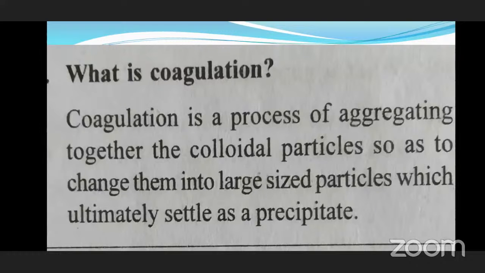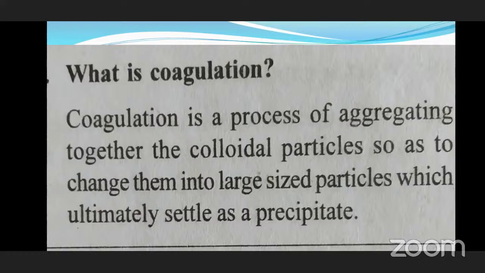Next, what is coagulation? Okay, in this case, coagulation is a process of aggregating together the colloidal particles so as to change them into large sized particles which ultimately settle as precipitation.